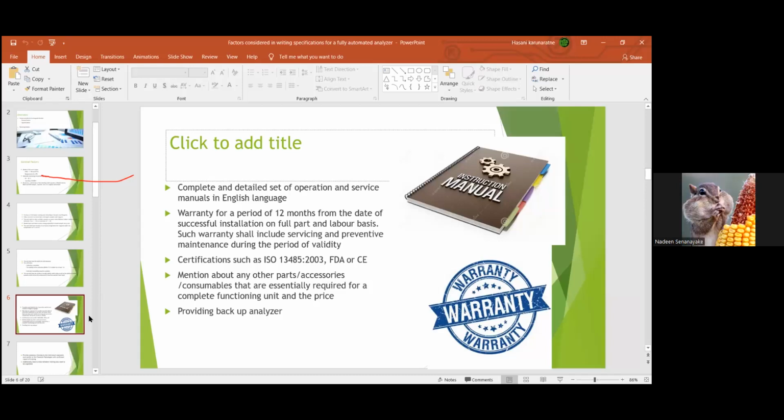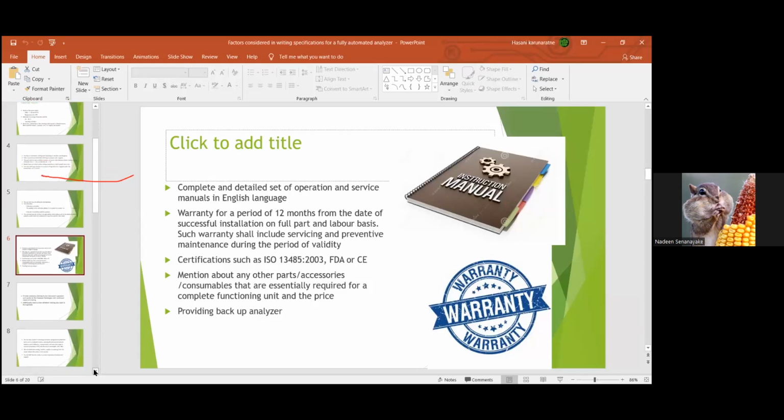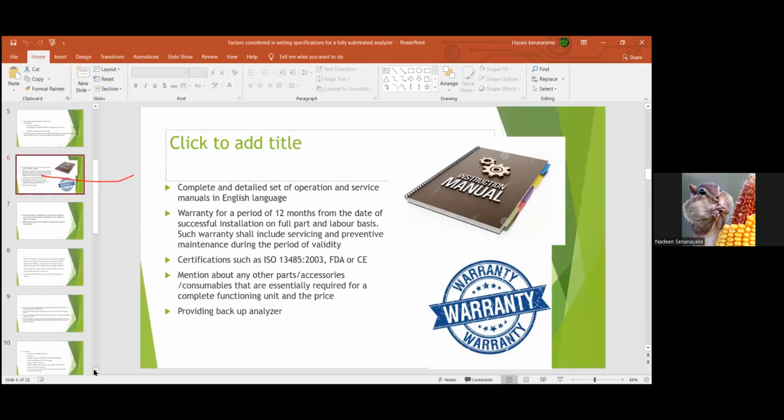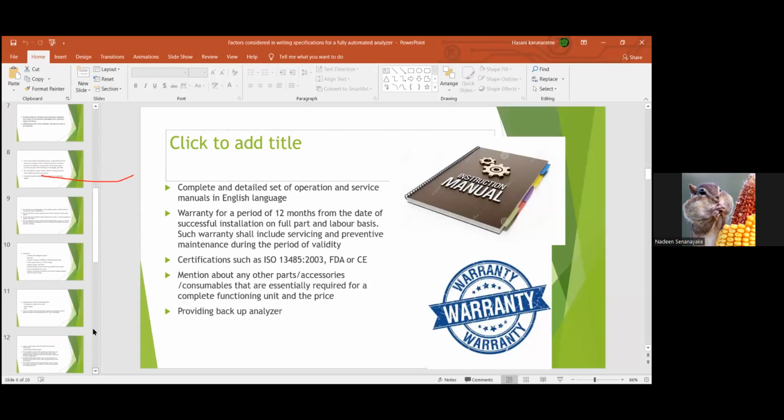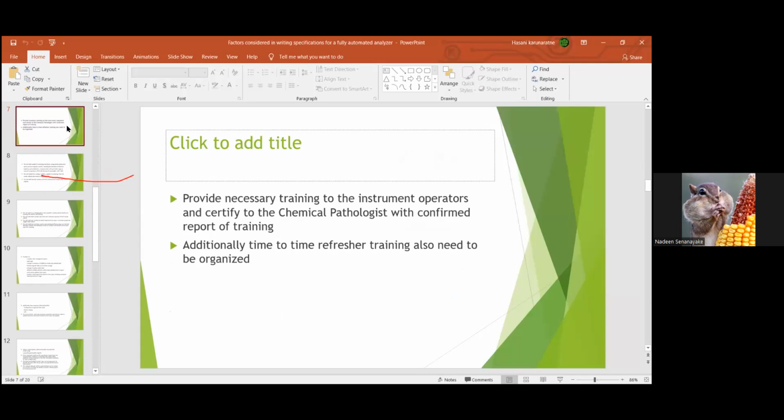And the bidder should be able to provide a backup analyzer. It is better if they can provide a backup analyzer for continuous function of the laboratory. And they should provide necessary training to the instrument operators and certify chemical pathologists with confirmed reporting training.